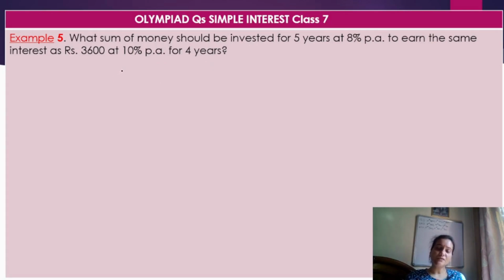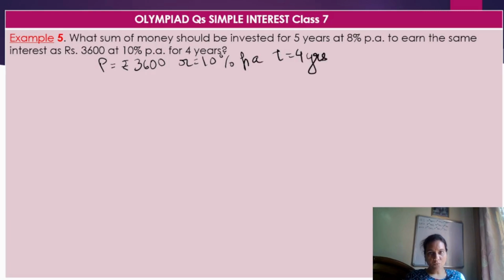So let's first find out कि 3,600 कितना इंटरेस्ट देता है 4 years at 10% per annum. तब हम प्रिंसिपल अमाउंट निकाल सकते हैं for the 5 year period at 8% per annum. So let's do this. So यहाँ पर हमें प्रिंसिपल दे दिया गया है rupees 3,600. Rate percent दे दिया गया है 10% per annum, and time period दे दिया गया है 4 years.